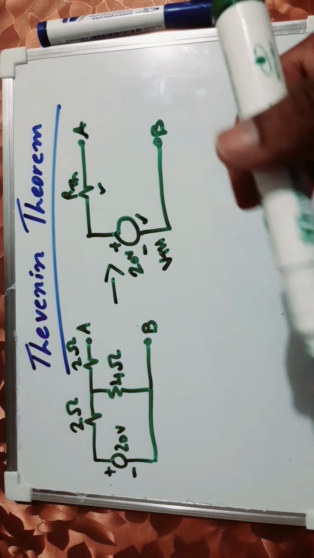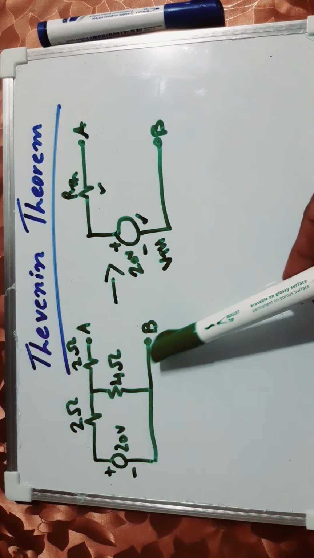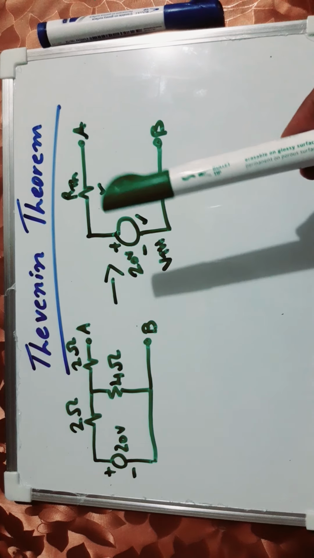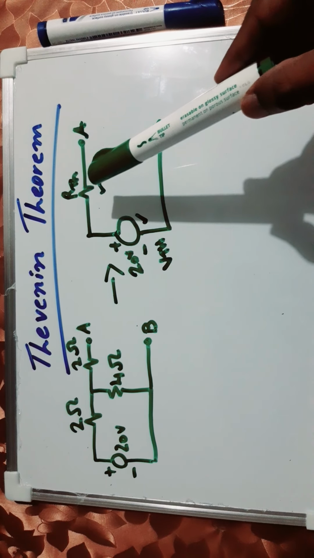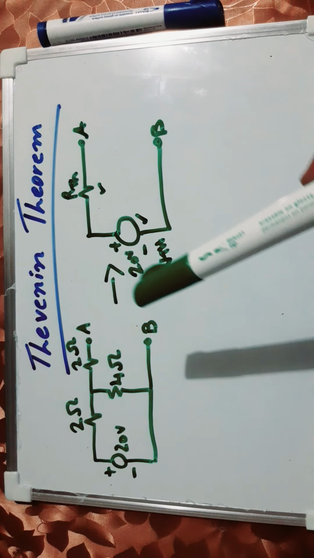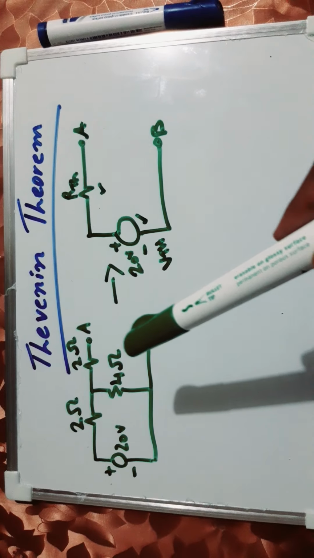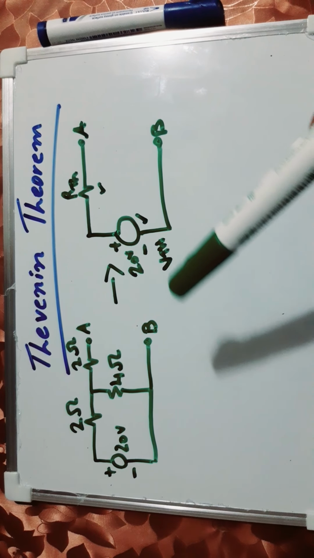So this Thevenin theorem states that any linear circuit can be simplified in a manner that voltage and resistance are in series. So whatever numericals we will get, we have to simplify those numericals as per this definition.